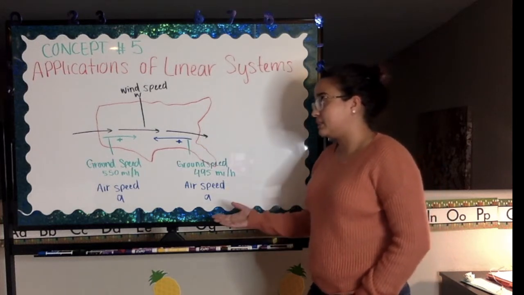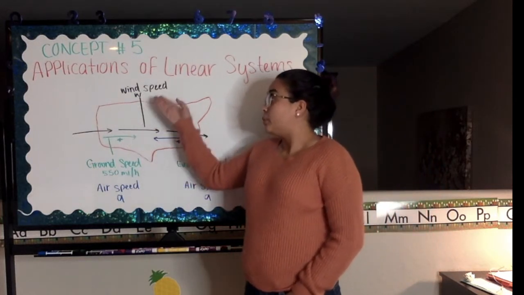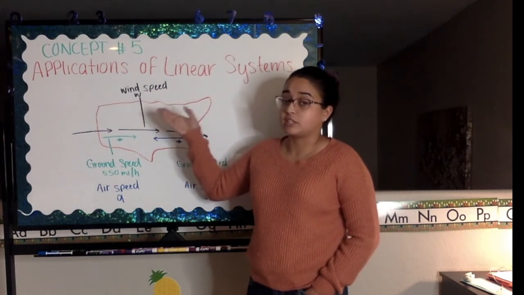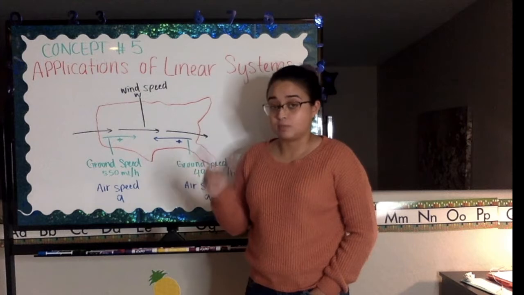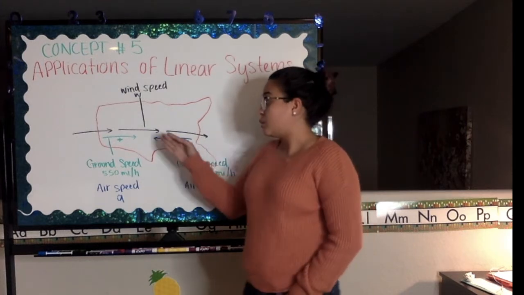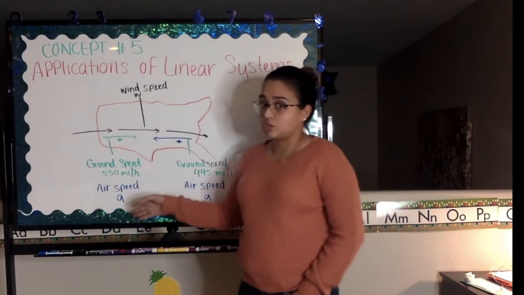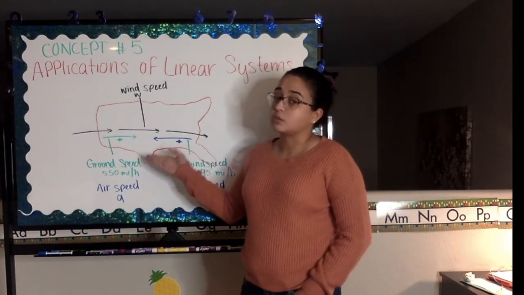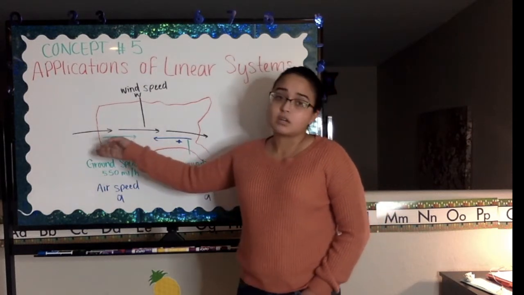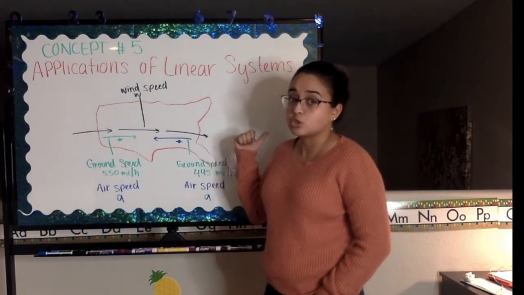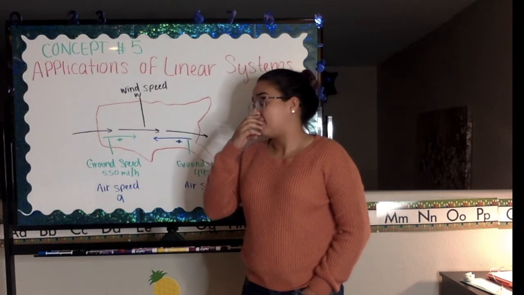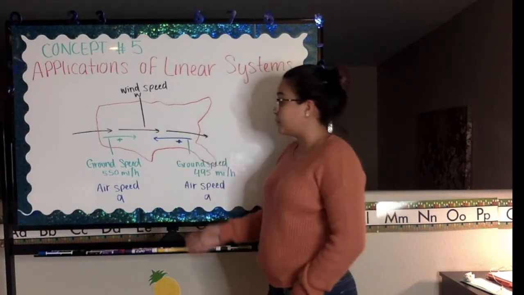As we can see, our wind is going to be represented by W because we do not know the wind speed yet. We are going to be solving that. And we are going to be solving the airspeed because it is the same for both planes. Now the ground speed for our Los Angeles plane that's headed to North Carolina is 550 miles per hour.